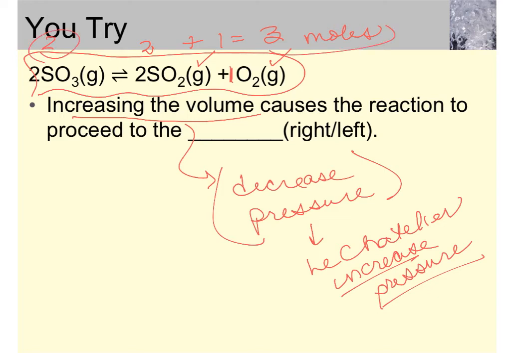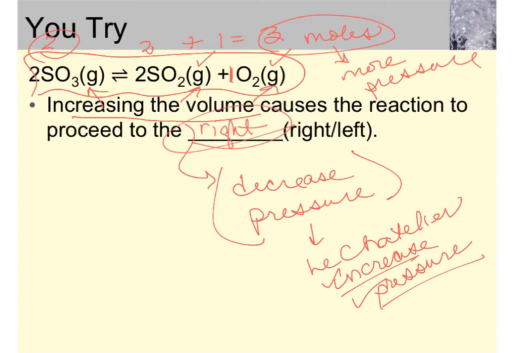So the side with more moles of gas, and it's got to be a gas in order to exert pressure, so leave out anything that's solid, liquid, or aqueous, is going to create more pressure. Since Le Chatelier is trying to increase pressure, it's going to shift right, to the side that has more gas molecules, and that will create more pressure.